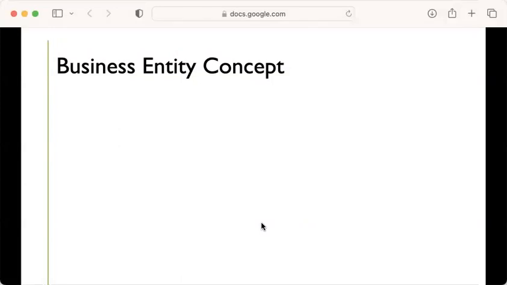But first of all, we will take at least just one of the concepts in accounting that's known as the business entity concept, because the whole of the accounting system is based on this. That's why I'm taking up this at the beginning itself. Right. What is this business entity concept?